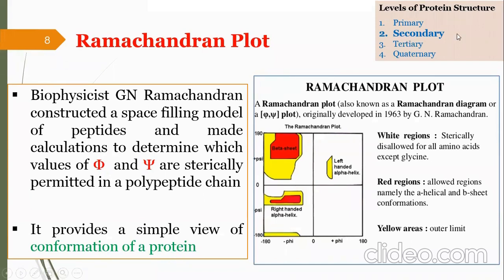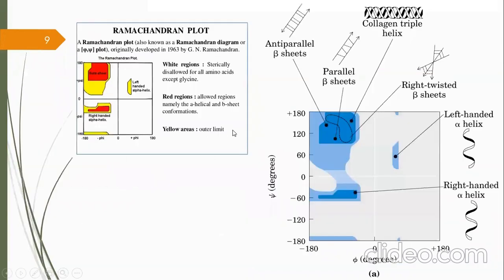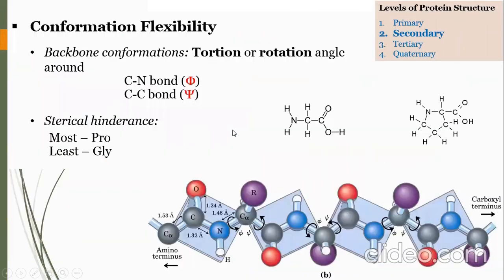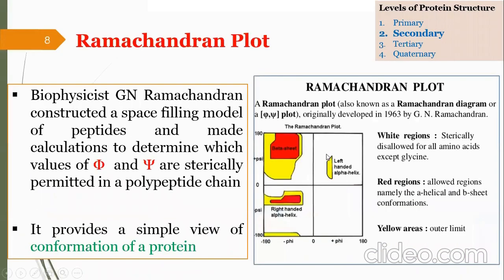So the secondary structure can be determined by these phi and psi angles. Simply, if we know the angles that these bonds can form, we can determine the secondary structure. It is simple.